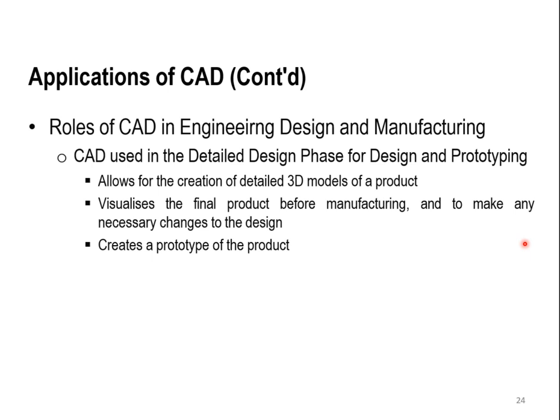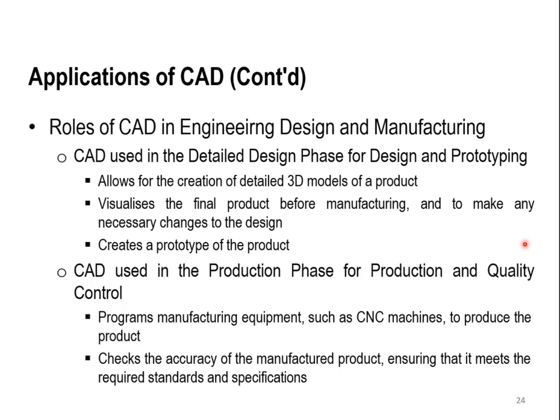Finally, it's going to create a prototype of the products. Also, CAD is used in the production phase for production and quality control. It programs manufacturing equipment such as CNC machines to produce the product, and checks the accuracy of the manufactured product, ensuring that it meets the required standards and specifications.